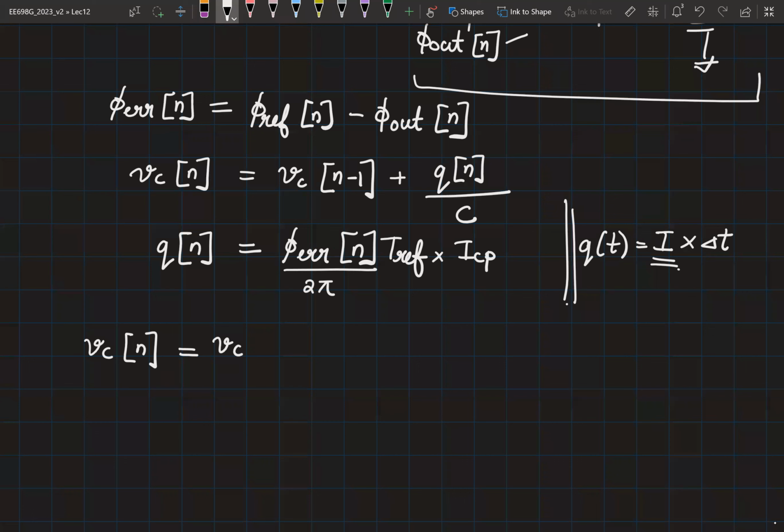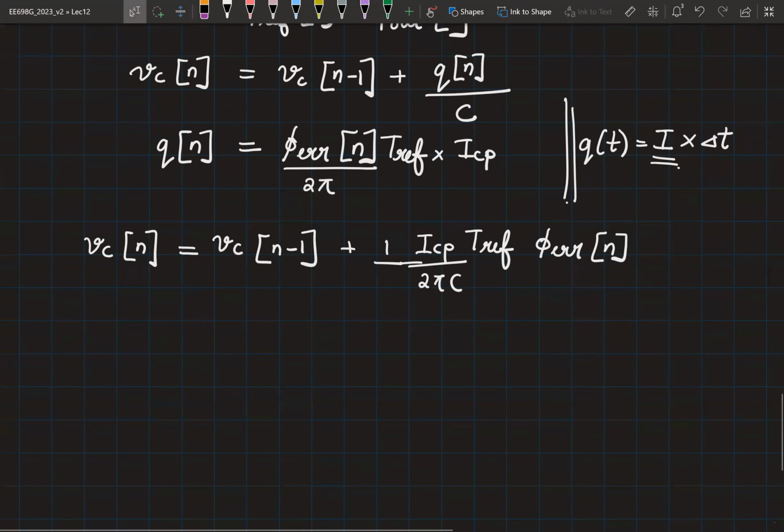This will be equal to Vc of n minus 1 plus 1 by C into ICP by, so I'll make it as 2 pi C into T ref into phi error of n. Okay.